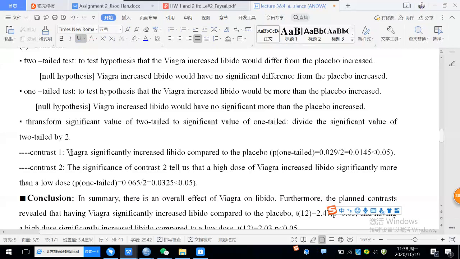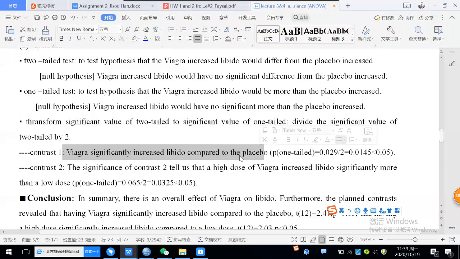If the hypothesis is significantly increased, it means when we use Viagra, the libido is more than when we don't use Viagra, right? So if the hypothesis is increased, then we use 1/3. If the null hypothesis is not significantly different or the same, then we will use the 2/3.